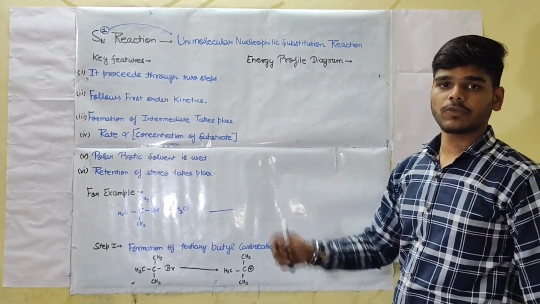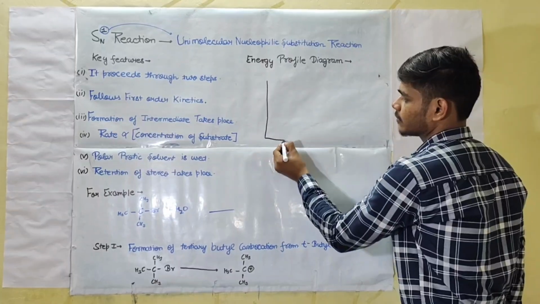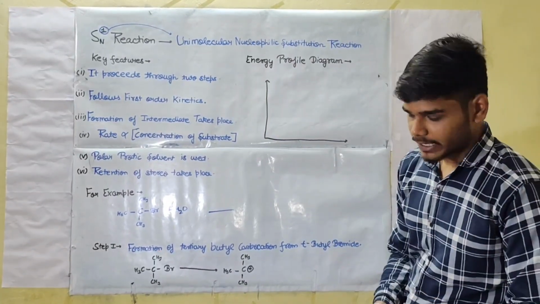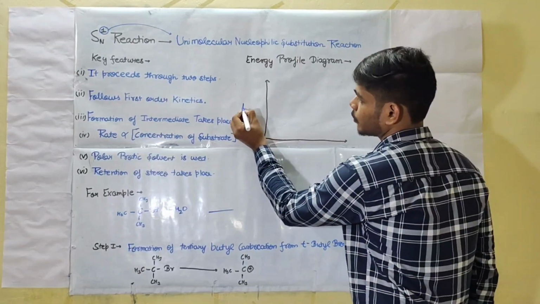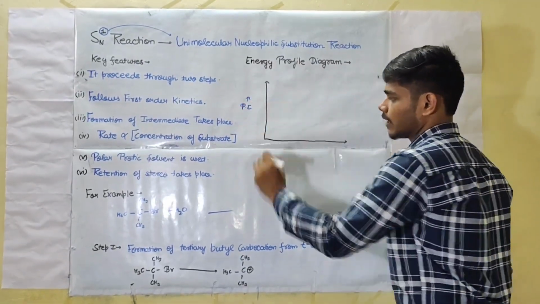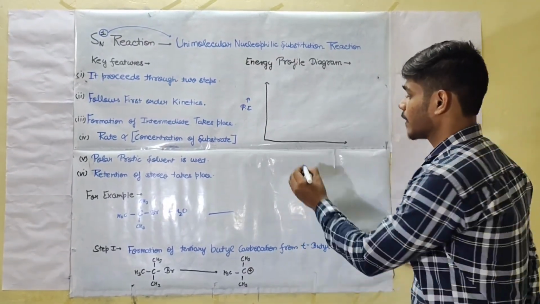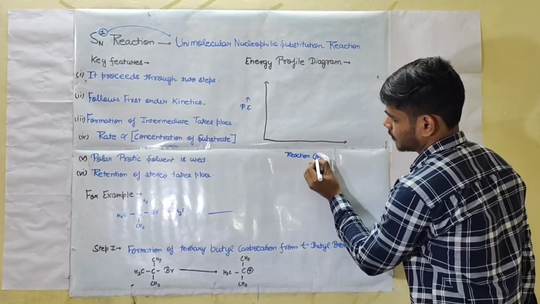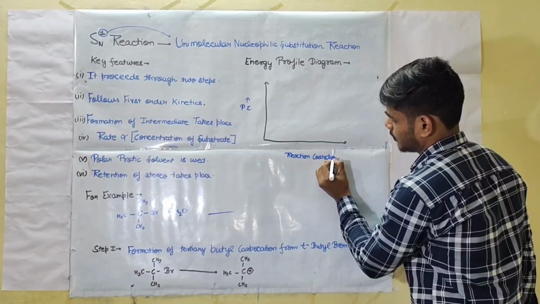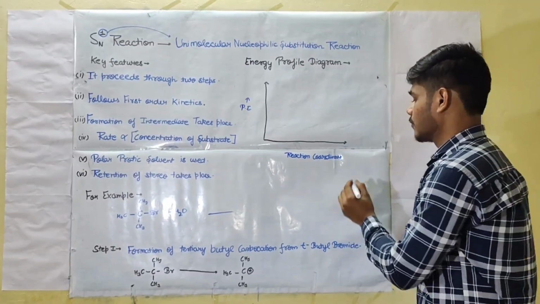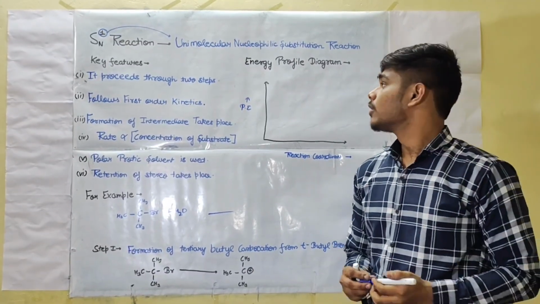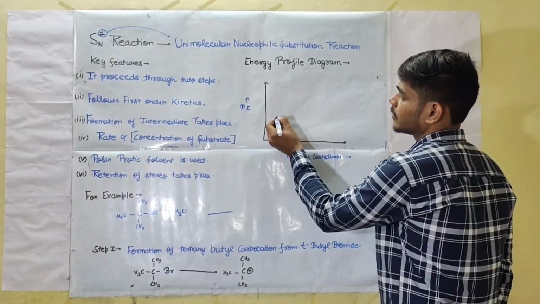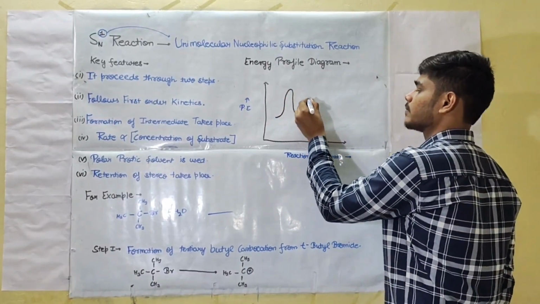So in energy profile diagram, we have two coordinates in which y coordinate shows potential energy and x coordinate shows reaction coordinate.